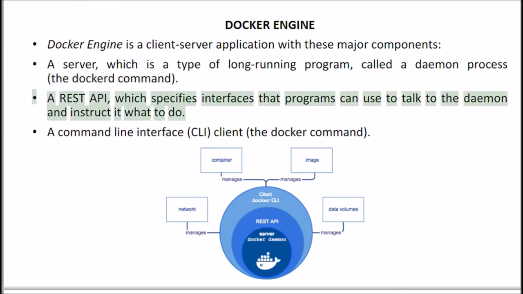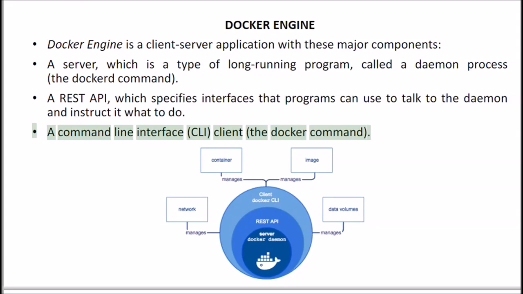A REST API, which specifies interfaces that programs can use to talk to the daemon and instruct it what to do. A command line interface, CLI, client, the Docker command.